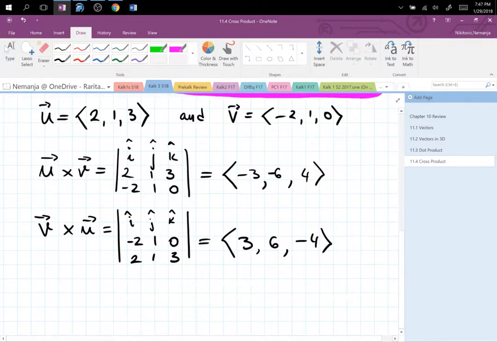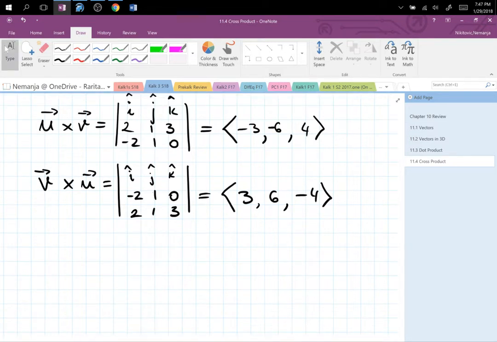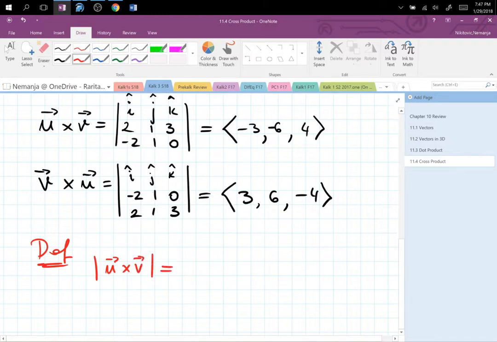I have another definition for the cross product, which says that the magnitude of u cross v is equal to the magnitude of u times the magnitude of v times sine theta.